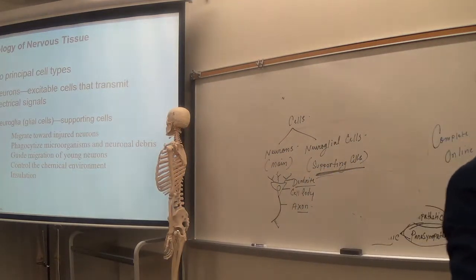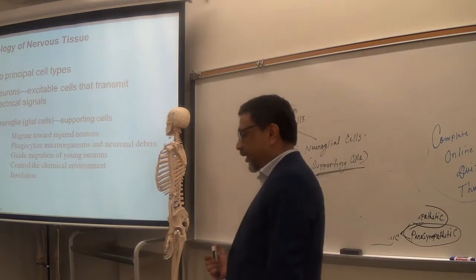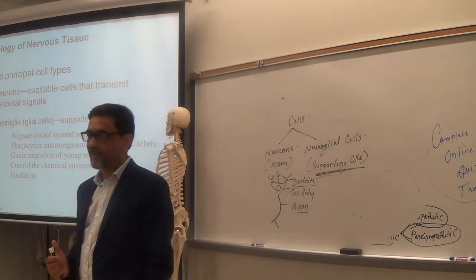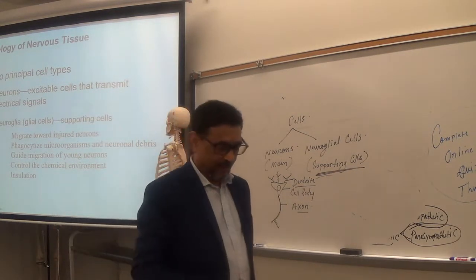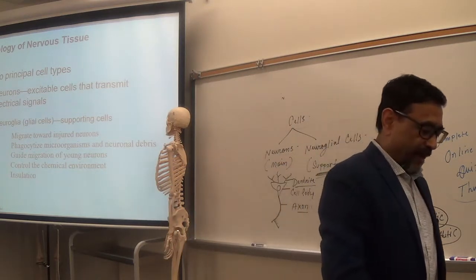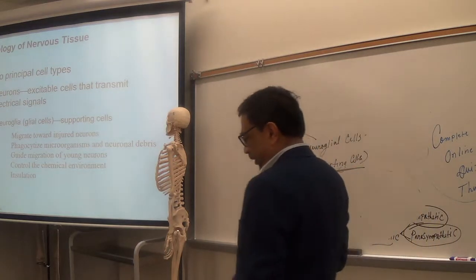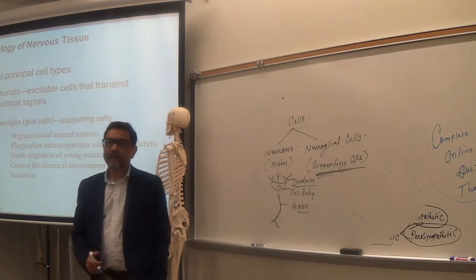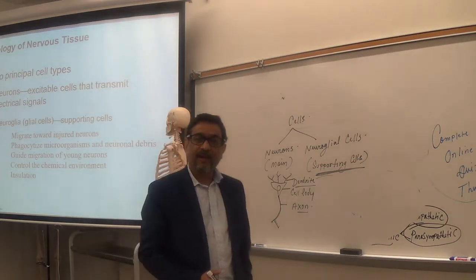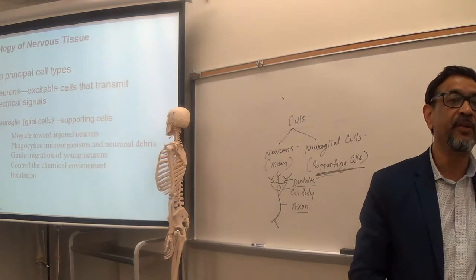Neuroglial cells, however, have a number of functions because there are different types of neuroglial cells and they perform different types of functions. Some important functions: some neuroglial cells can migrate or move towards the site of injury.